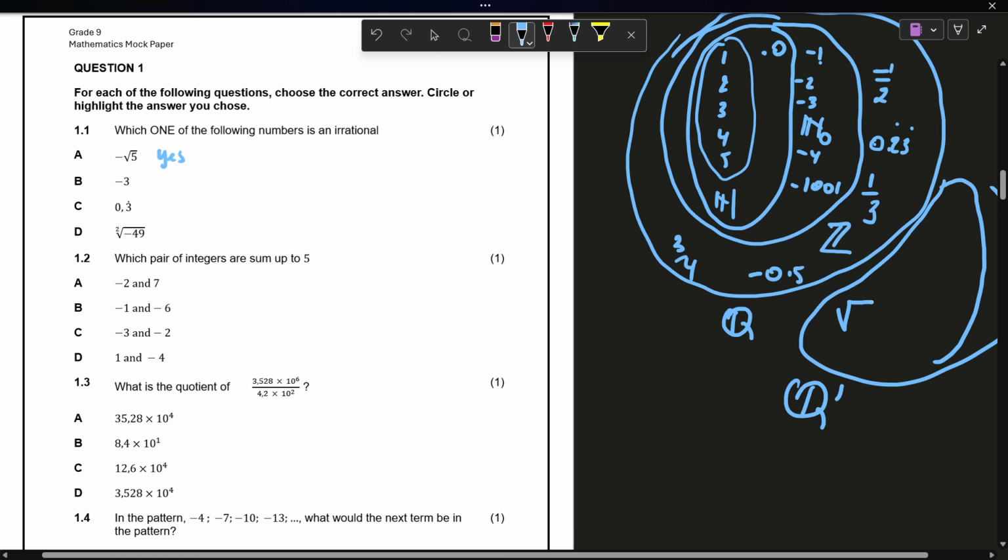But if inside the radical I put a number that can never come out, let's say I write 2 inside, or 3, or minus square root of 5, or even a cube root, like the cube root of 9, it will never come out, so I'll have a decimal.